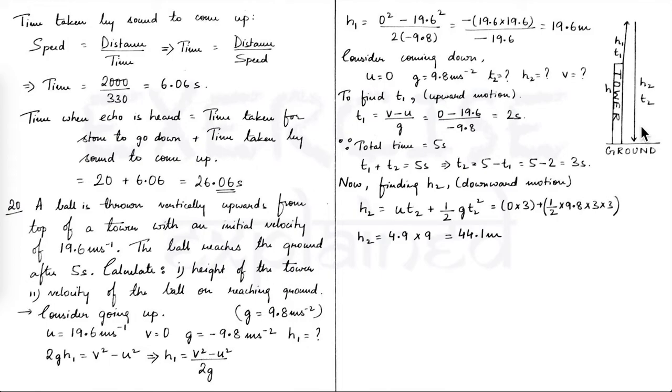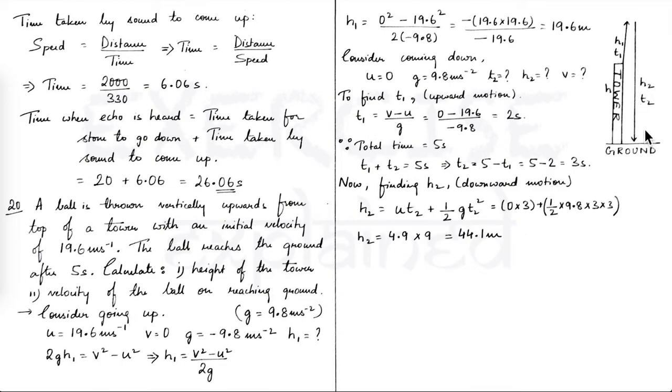Acceleration due to gravity is positive when it is falling down, into 3 into 3. So this cancels, we get 4.9 into 3 into 3, that is 4.9 into 9. So h2 is equal to 44.1 meters.